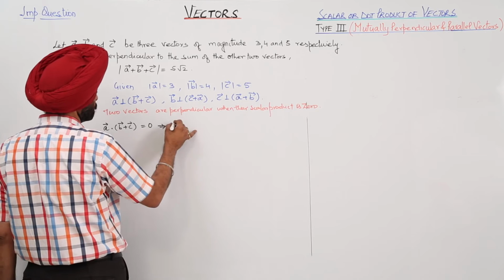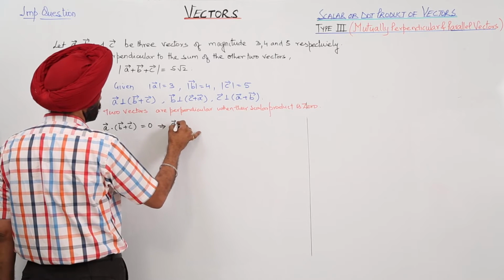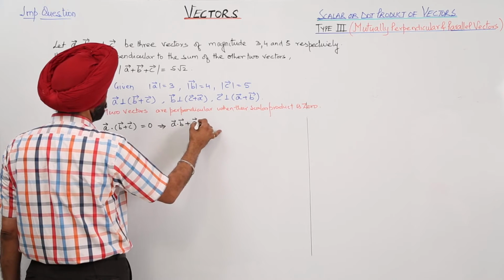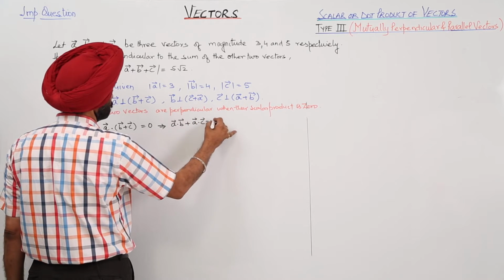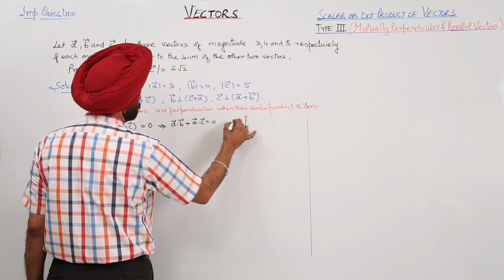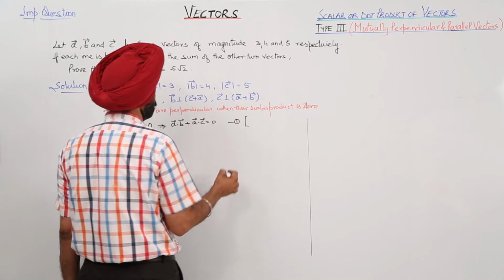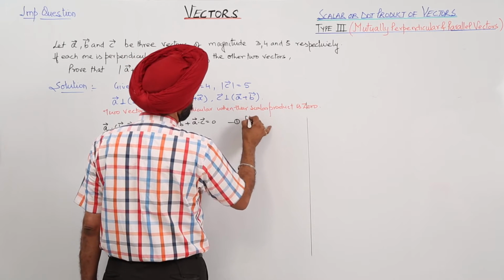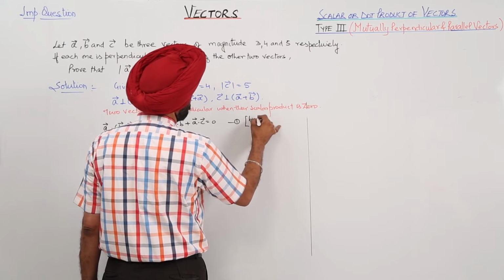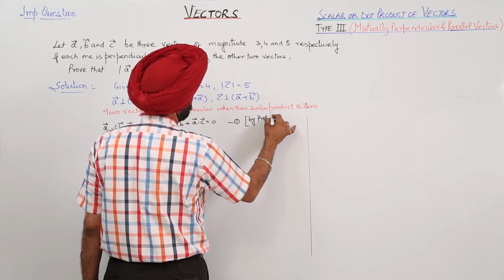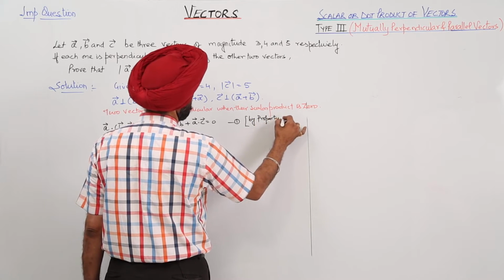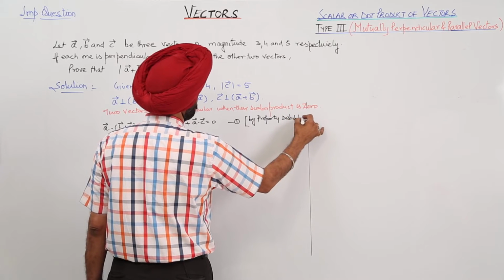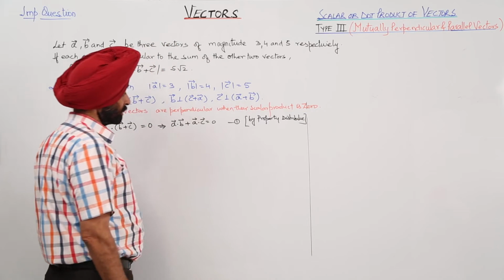Now, this implies vector A dot vector B plus vector A dot vector C is equal to 0. Number 1. By the distributive property.